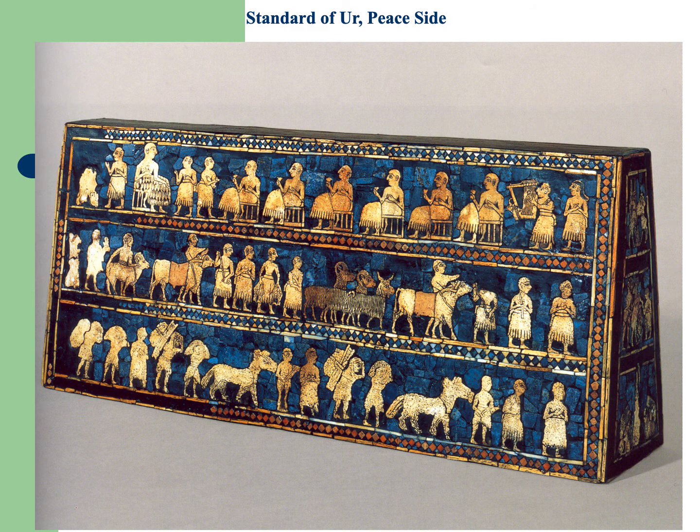And then on the peace side of the standard of Ur, you see all of these people working. You can see people at the top enjoying their cups of wine and beer, actually beer probably, and listening to music there.